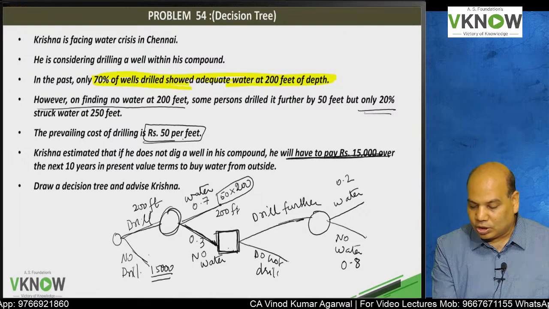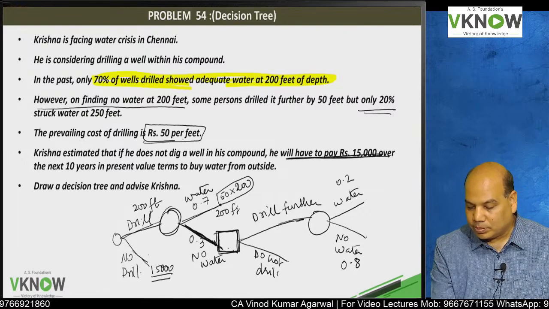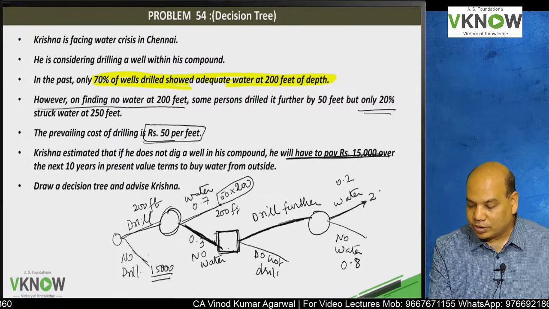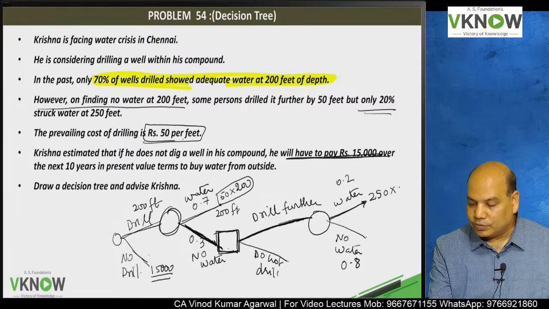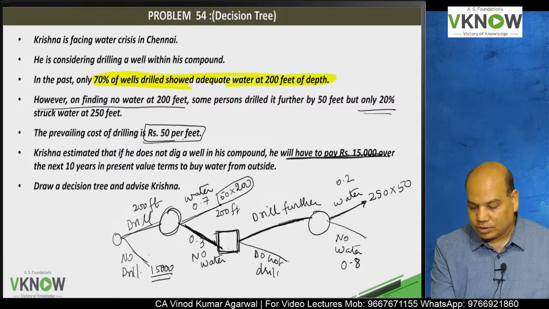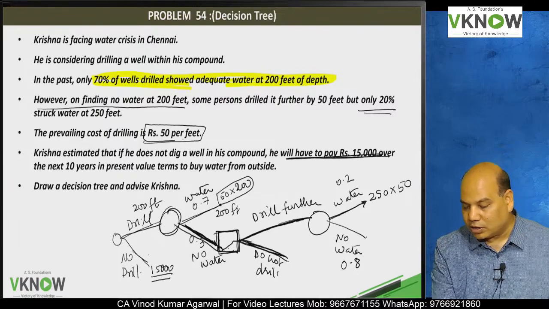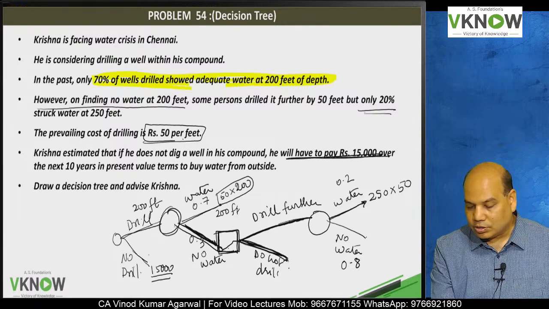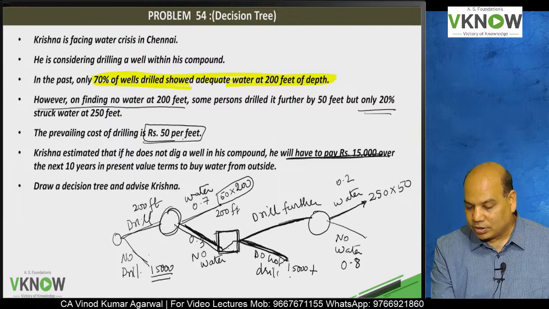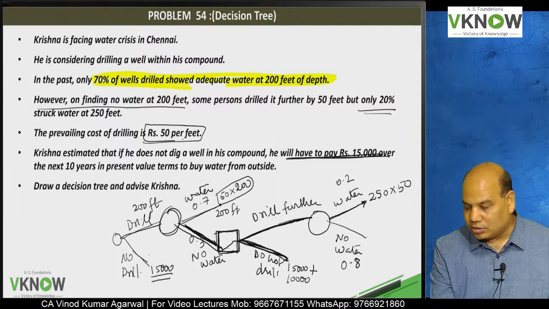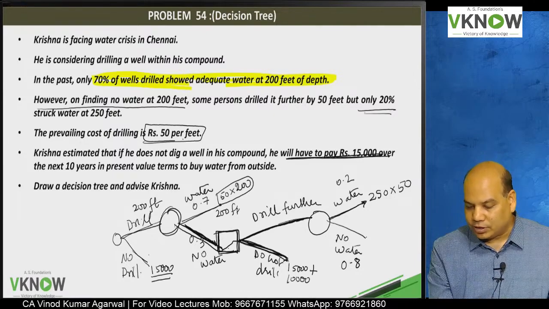If I do not get water, but I drill further, and if I get water, my cost will be 250 feet into 50. If I do not get water and do not drill further also, my cost will be 15,000 I have to pay to the market, and 10,000 is the drilling cost of 200 feet.